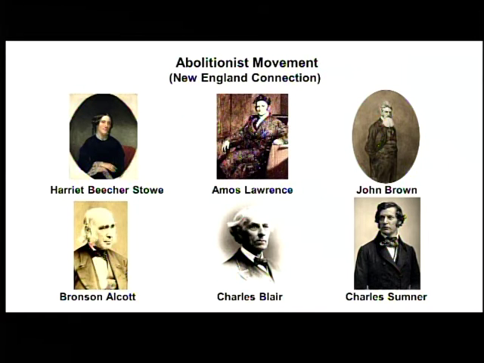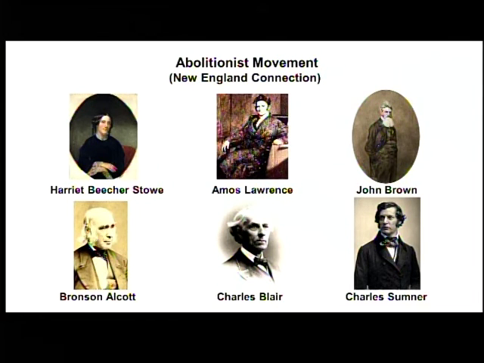He was involved in that famous raid in Harper's Ferry, and he was hanged down in West Virginia after that for treason for taking up arms against the United States government. And then we've got Bronson Alcott. He was a famous abolitionist, originally from Wolcott, Connecticut, and he moved to Concord.